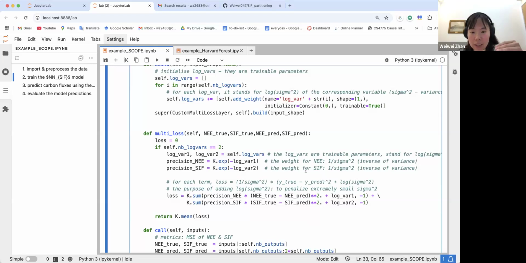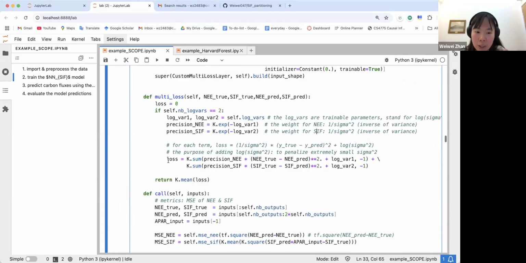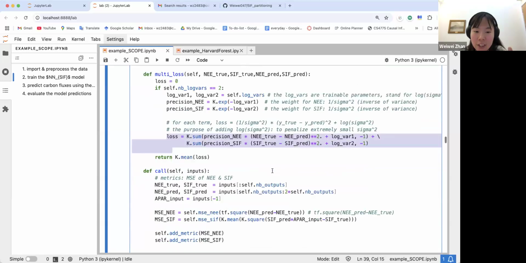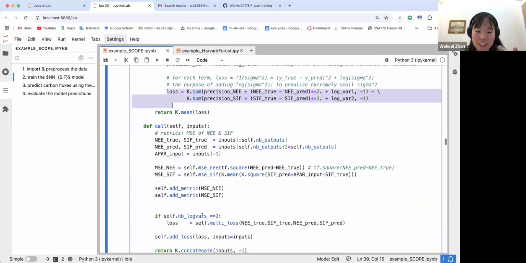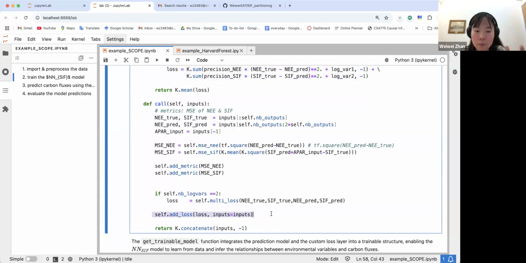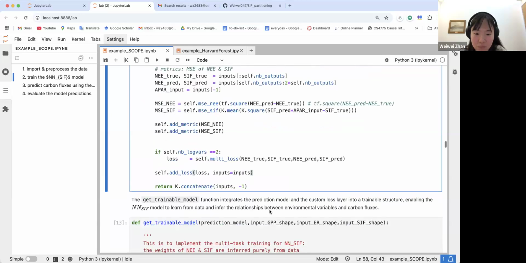If NEE has lower uncertainty or lower sigma, then it will have higher weight. So we assign higher weights to variables we trust more. So basically this loss function achieves this multitask learning here. And we finally add this loss to the model structure.